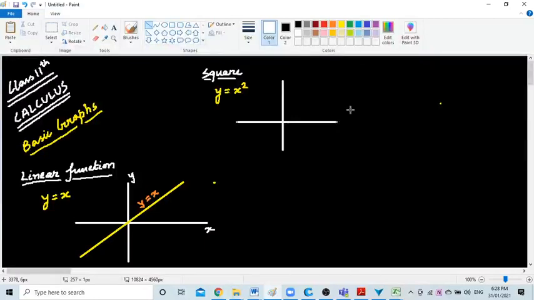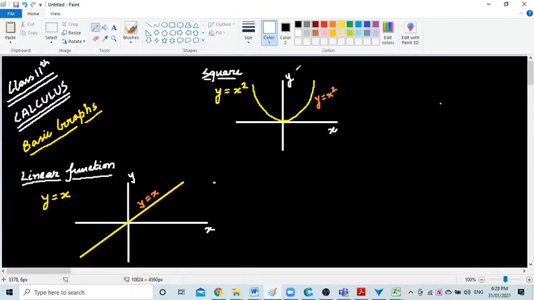If we represent this function, the graph will look like this, right? So this is the graph for the function y equals x square. You can simply write it like y equals x square. Over here this is the x axis and this is the y axis.